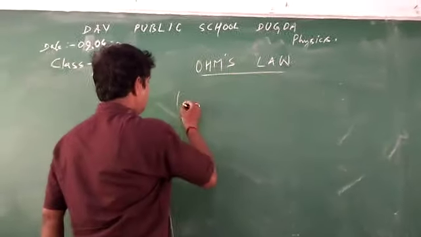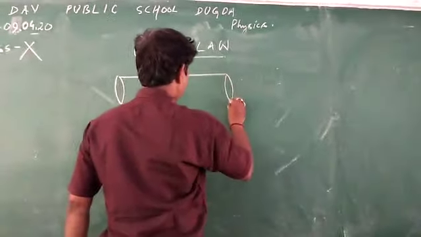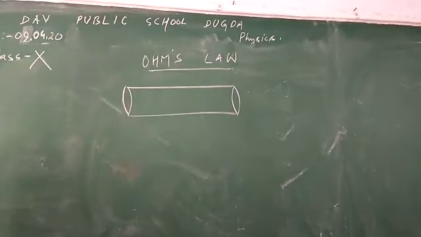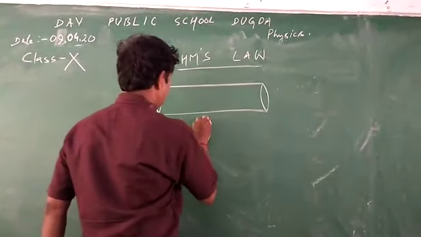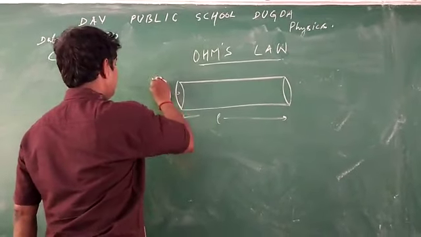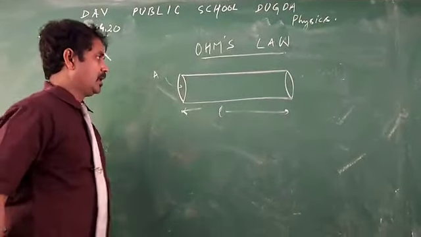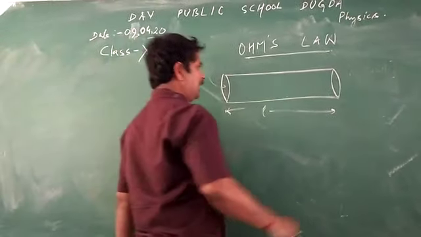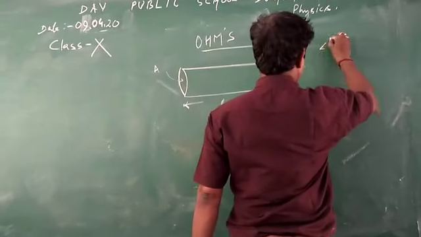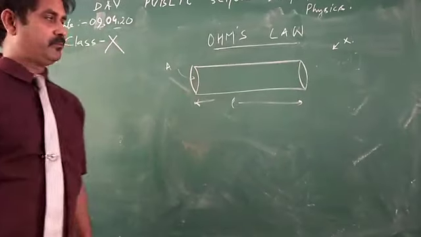So we will go into some details. Let this be the conductor, this is the length, and this is the area of cross section. Suppose this is a material X. This is a conductor.